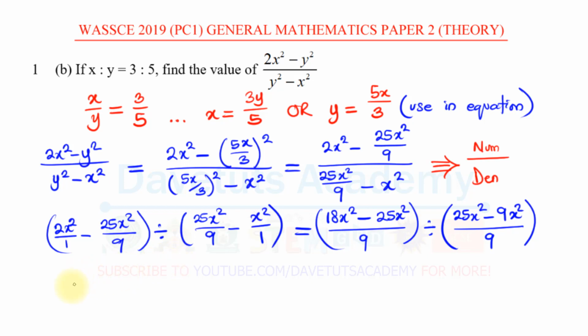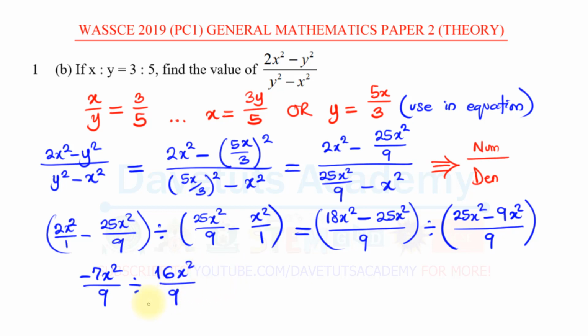so we can add that to be minus 7s squared. So we have minus 7s squared over 9, divided by 25s squared minus 9s squared. That will be 16s squared over 9.